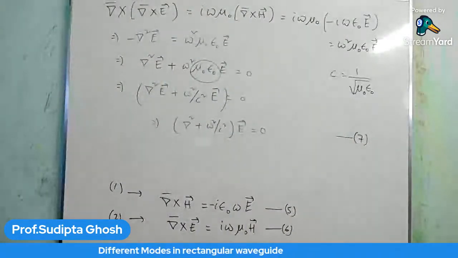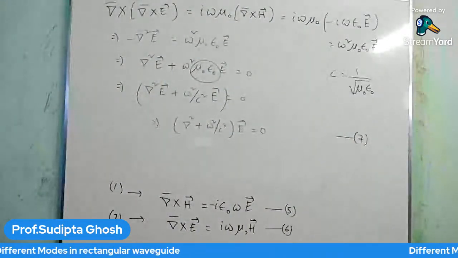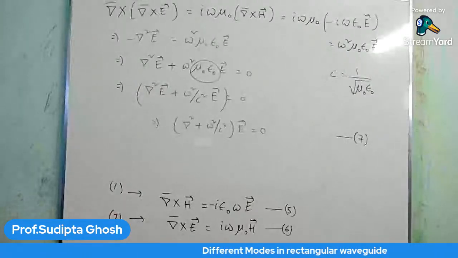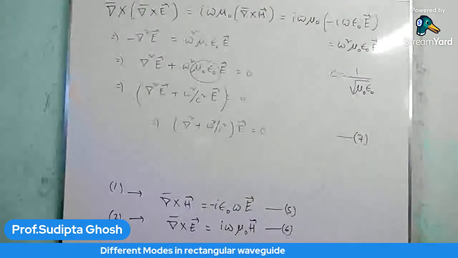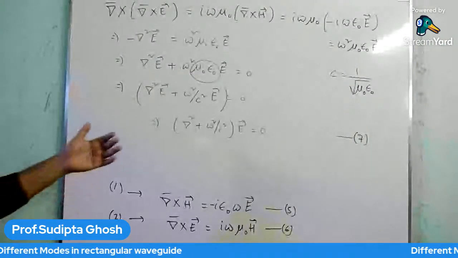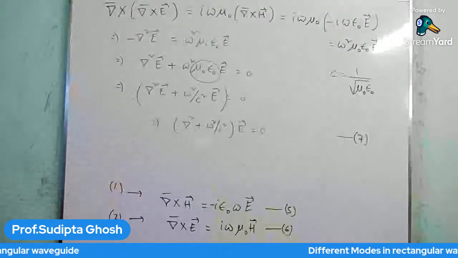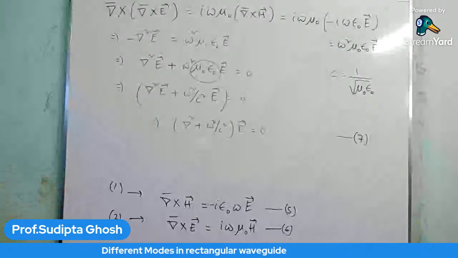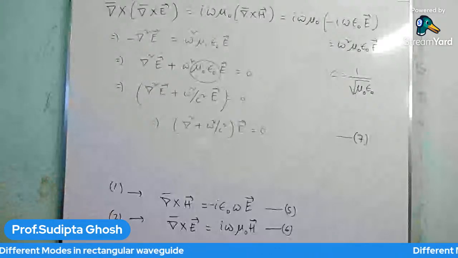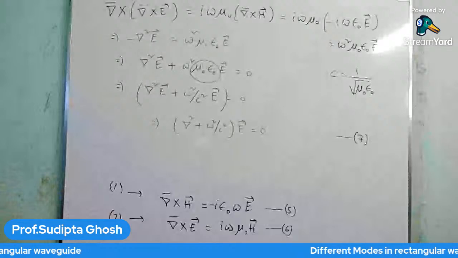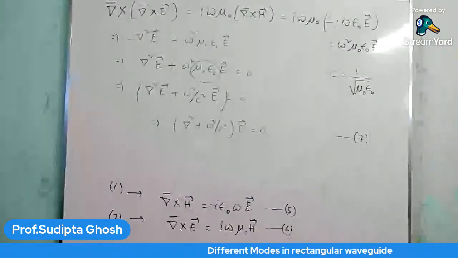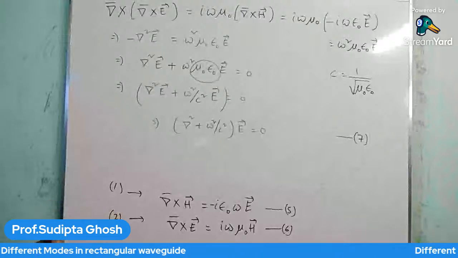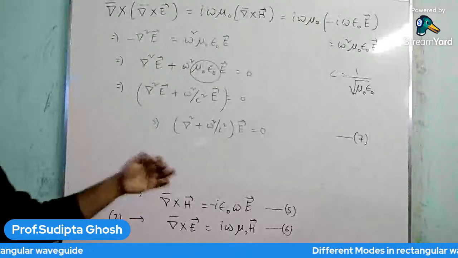So by taking the curl of equation 6 and substituting the value of equation number 5 in the right hand side, we have delta square plus omega square by C square into capital E equals 0. This is nothing but the wave equation in terms of capital E. Similarly, we can show that the magnetic field intensity capital H also satisfies this wave equation.